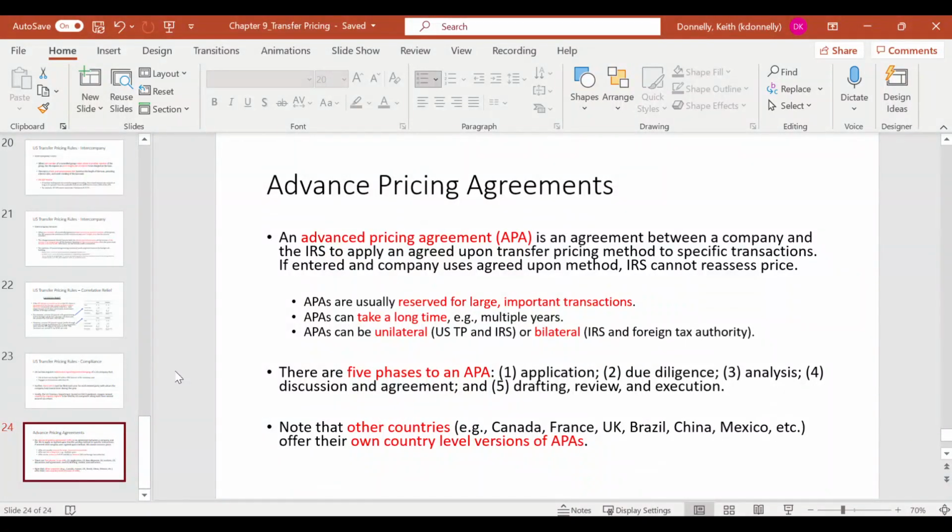In the same way, with these APA agreements, what they essentially are is, come to us, the IRS, and work with us up front, and that way we will make sure that you don't get dinged on the back end and we reassess you here. So with that, we're going to finish the chapter here on transfer pricing, chapter 9.